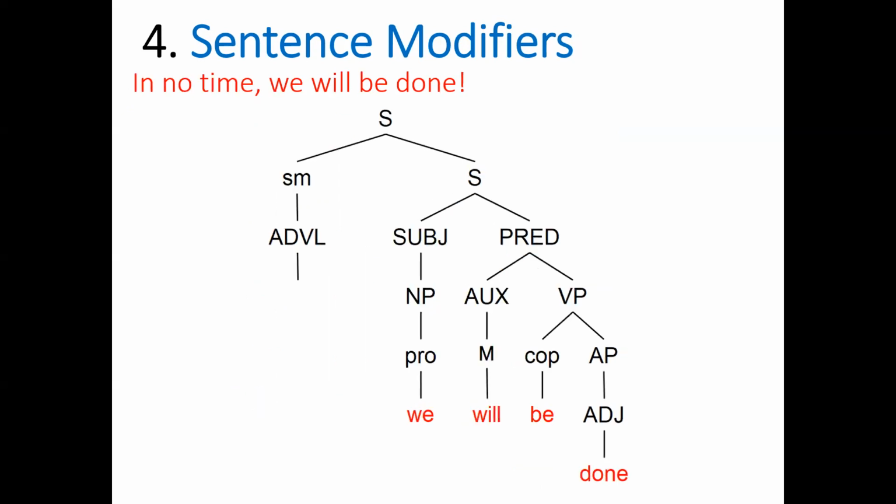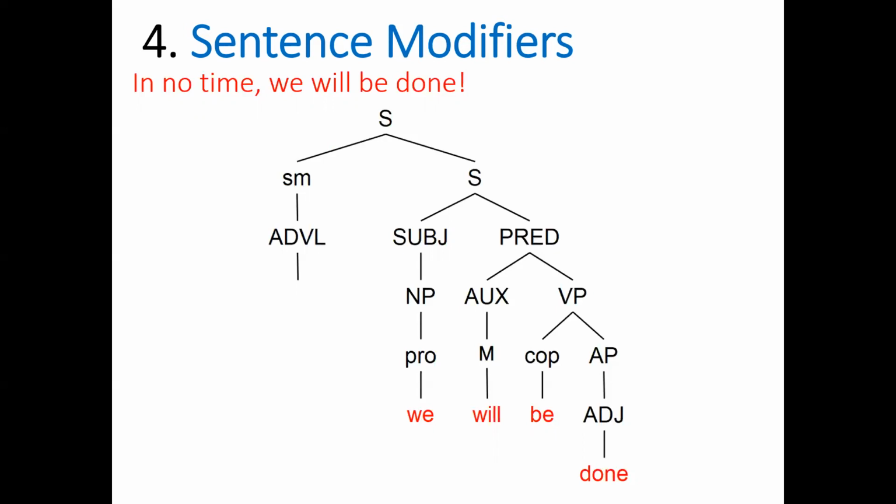So what happens then if we have a prepositional phrase rather than an adverb phrase in sentence initial position? Like this one, in no time, we will be done. Well, we follow the same procedure. To map the sentence, in no time, we will be done, we start with a sentence and a sentence modifier.